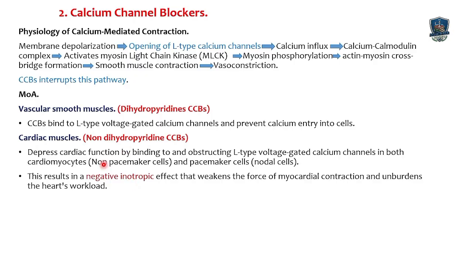So that being said, those found on the cardiomyocytes or the non-pacemaker cells will lead to a negative inotropic effect. They will decrease the contractility, and we know if you decrease the contractility, you are going to decrease the stroke volume, as we explained.